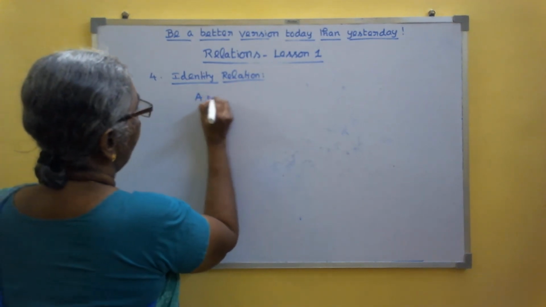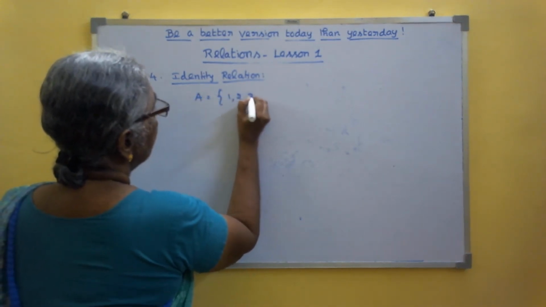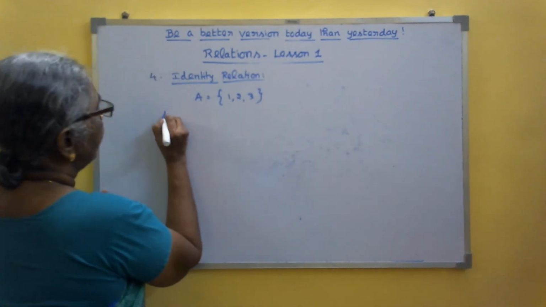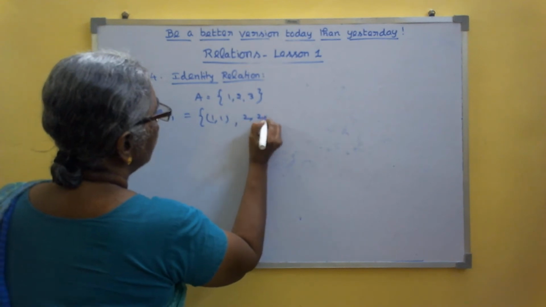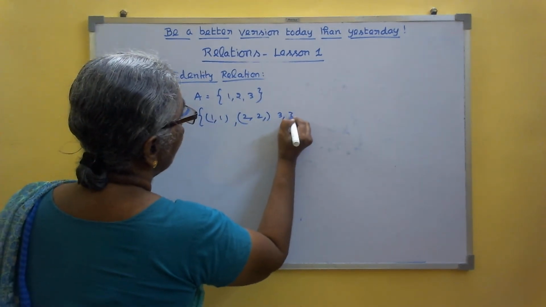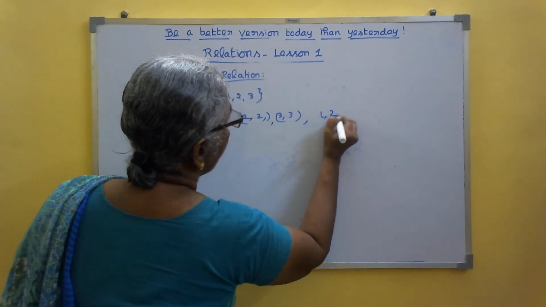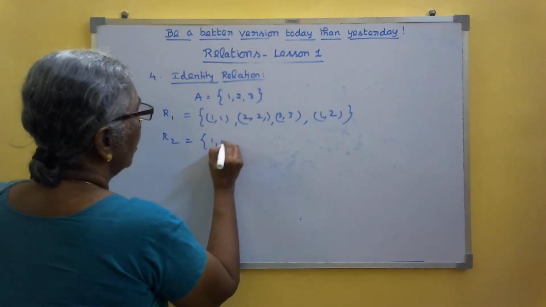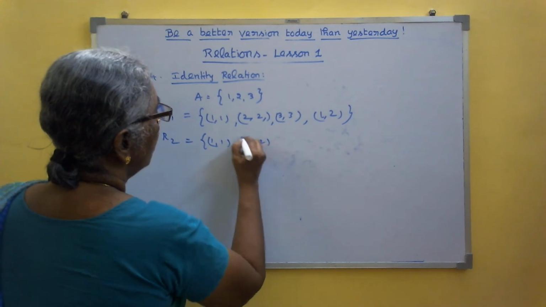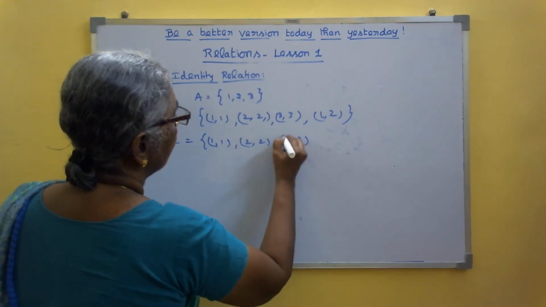Take the same example. A is {1, 2, 3}, right? Now I consider one relation R1, which is (1,1), (2,2), (3,3) and (1,2). I consider another relation R2, (1,1), (2,2), (3,3).